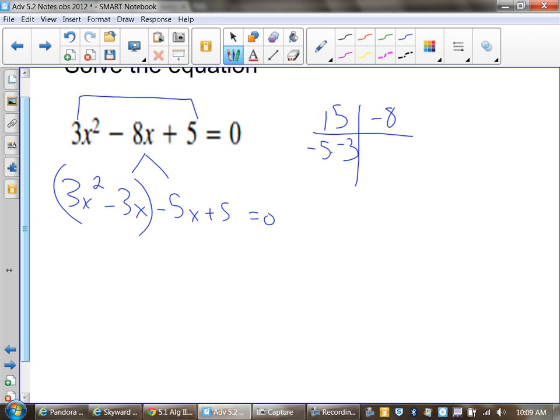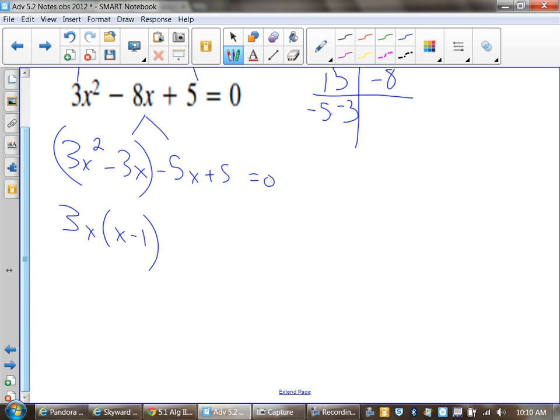What's the GCF there? 3x. Okay? Now, in order to make this work via grouping, I need to make that second term look like an x minus 1.